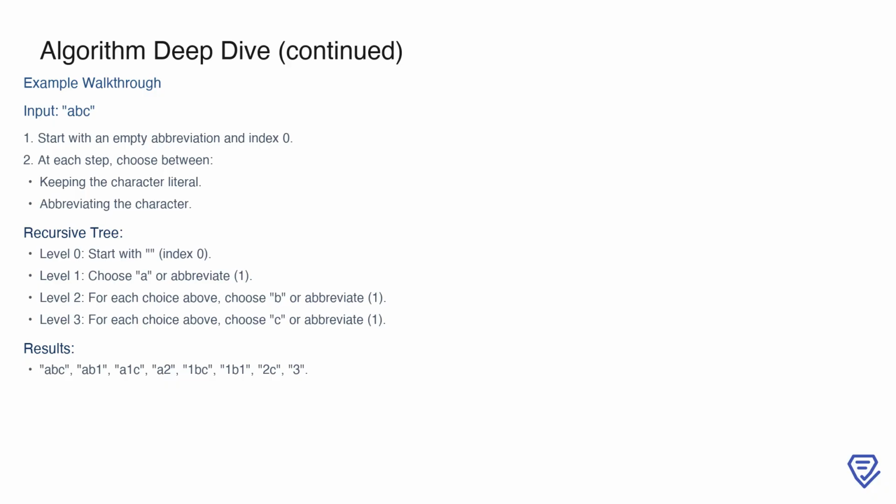Finally, at the third level, we make the same decision for C. This recursive process builds a tree where each path represents a unique abbreviation. The results of this process for ABC would include ABC, AB1, A1C, A2, 1BC, 1B1, 2C, and 3. Each abbreviation corresponds to a unique path through the decision tree, demonstrating how the algorithm systematically explores all possibilities.